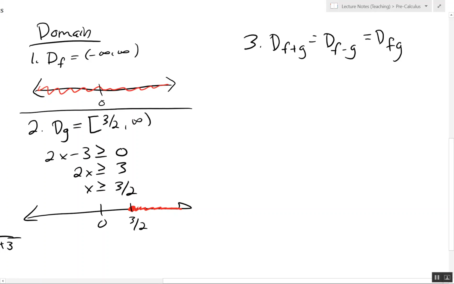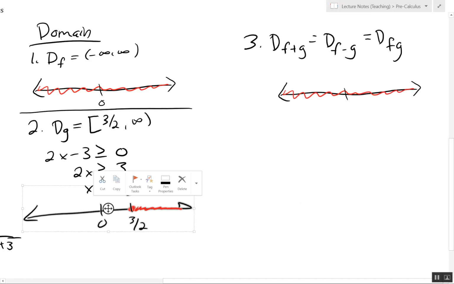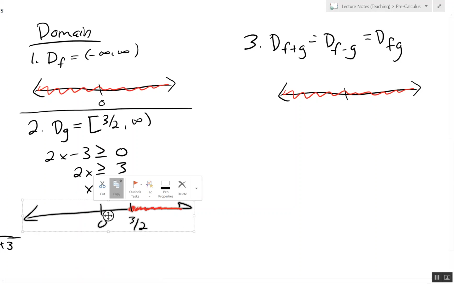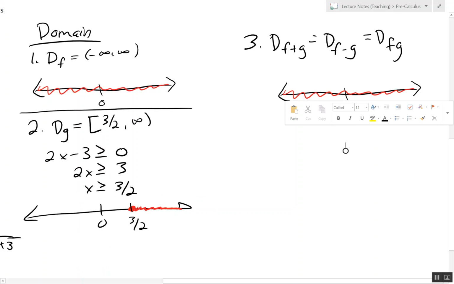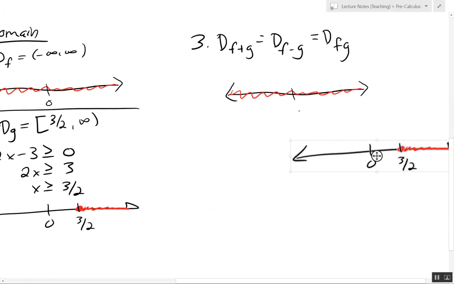So I'm just going to copy this and move it over here. I'll take this, copy it, move it on over here, paste, move it up so the 0 lines up.